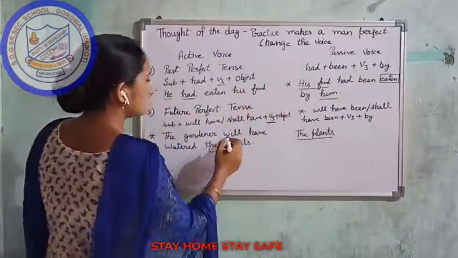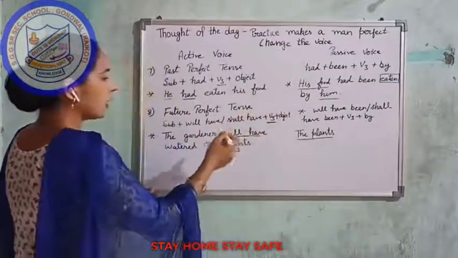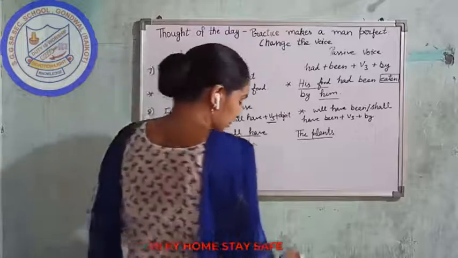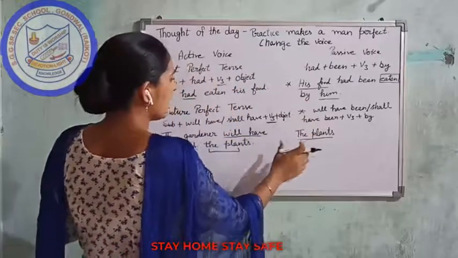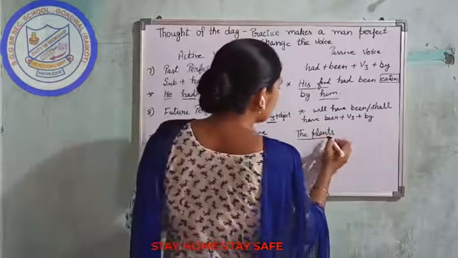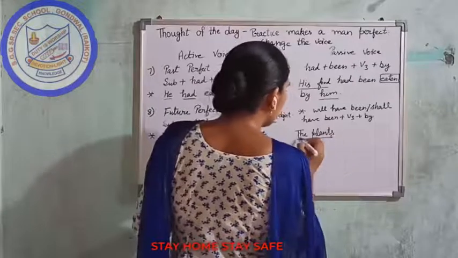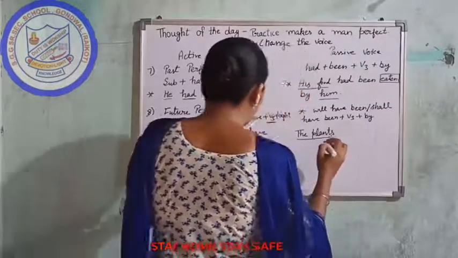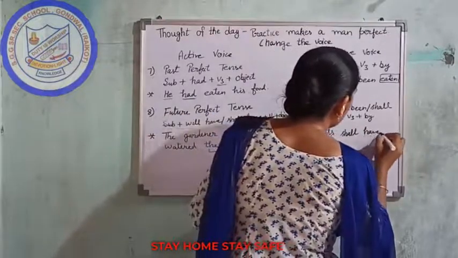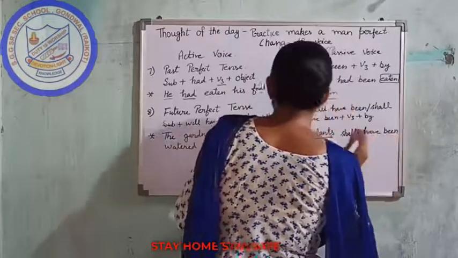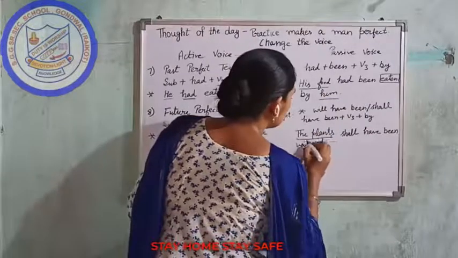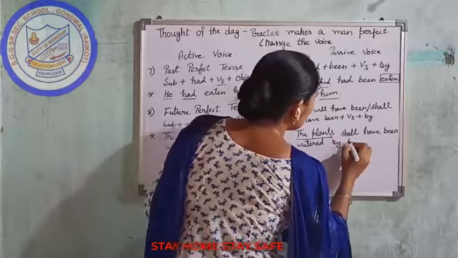Here, the gardener is a single one, so in the question form there is will have. And in the answer in passive voice, we will look at our own subject. It is in plural form, so we will make use of shall have. The plants shall have been watered by the gardener.